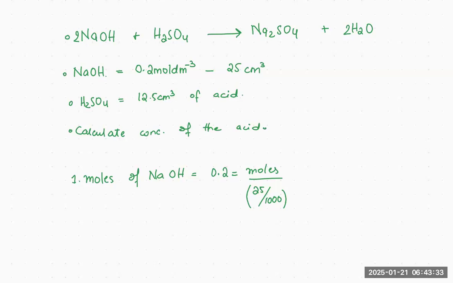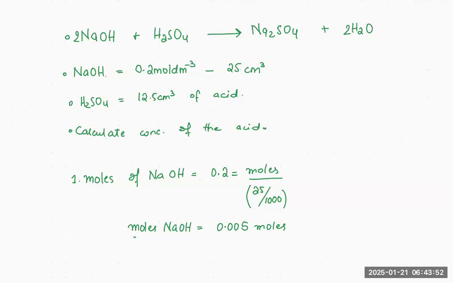So the moles of sodium hydroxide come out as 0.005 moles. So step number 1 is always find the moles of what is known.